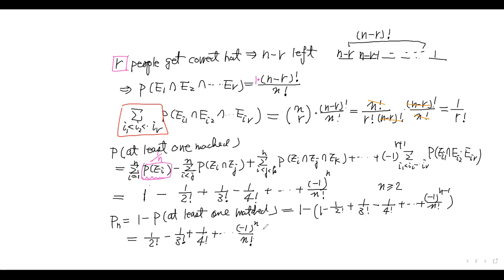Okay, so this in fact turns out to be a very beautiful formula. Let's take a look. If you remember, we know the Taylor or Maclaurin series for e to the x is 1 plus x over 1, plus x squared over 2 factorial, plus x cubed over 3 factorial, plus x to the fourth over 4 factorial, right?